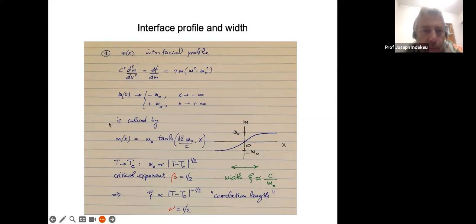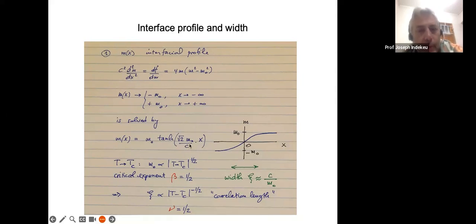And we can verify quite straightforwardly that this differential equation is solved by this function, which is not surprisingly of hyperbolic tangent form. So it varies smoothly from minus m0 to plus m0 here. Its amplitude is m0, and we can also see, interestingly, that there is a length scale hidden in here, because the hyperbolic tangent, of course, must be expressed in terms of a dimensionless variable, and so x is a length, and so the square root of 2 times m0 over c is an inverse length.